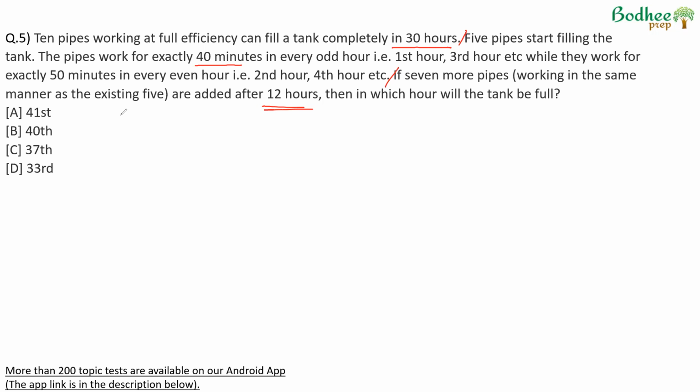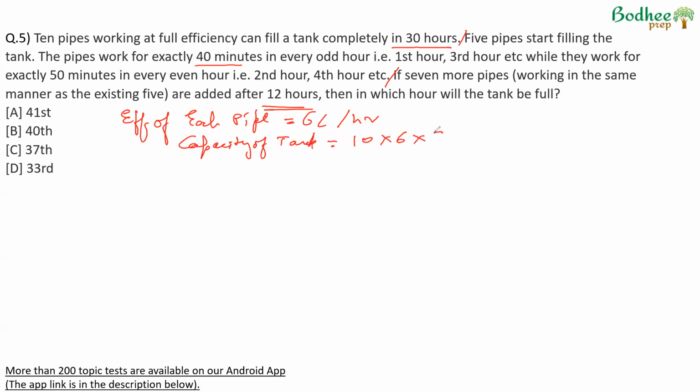So let the efficiency of each pipe be 6 liters per hour. We can say that the capacity of the tank is 10 pipes filling 6 liters per hour for 30 hours, so 1800 liters.